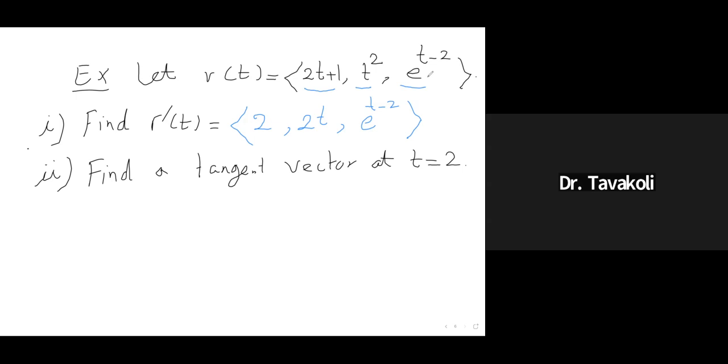At the end of that vector, I want to find the tangent vector to the curve that this vector function forms. So that tangent vector at t equals 2 is just r prime of 2.